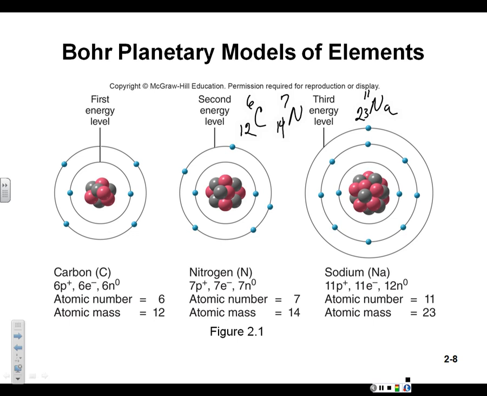So by knowing that, if you got 6, and 6 is the atomic number, what number does that represent for carbon? The number 6. What is that? Atomic number. Remember? The atomic number is the number of protons. Alright? So how many protons does carbon have?